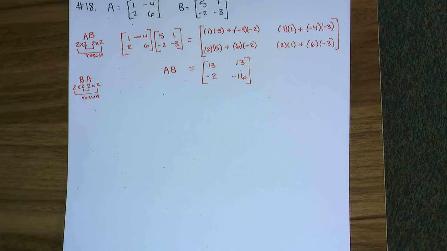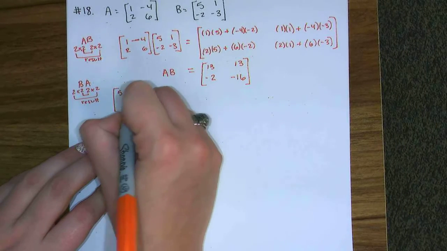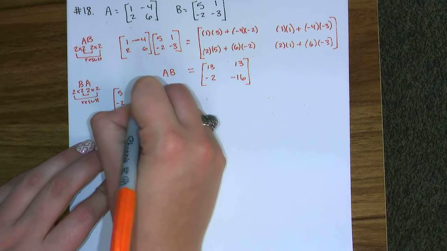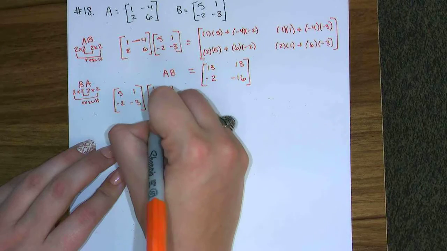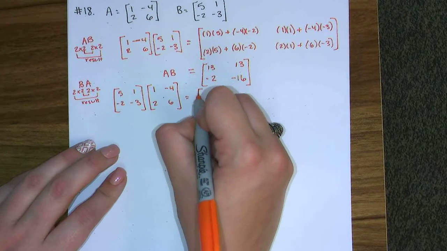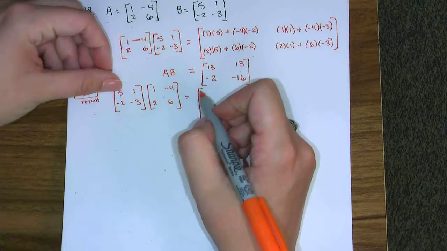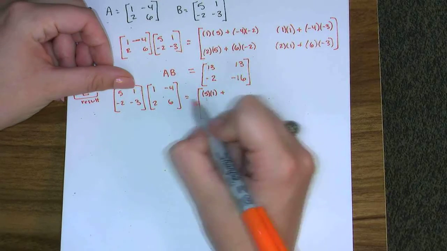Alright, so BA, so now we're just doing this in reverse. So 5, 1, negative 2, negative 3, and 1, negative 4, 2, 6. Going to kind of run things together here. Alright, so 5 times 1 plus 1 times 2.